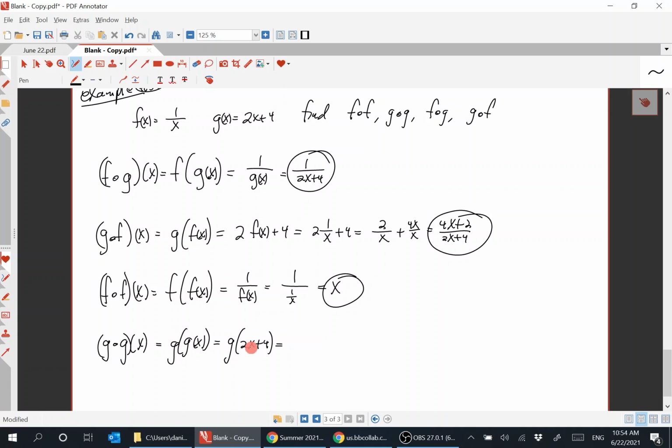So this is g of 2x plus 4, because g of x is 2x plus 4. So now g is 2 times blank plus 4. What goes in the blank is this, 2x plus 4. So this becomes 4x plus 8 plus 4, which is 4x plus 12. All right. So that's everything in this section.